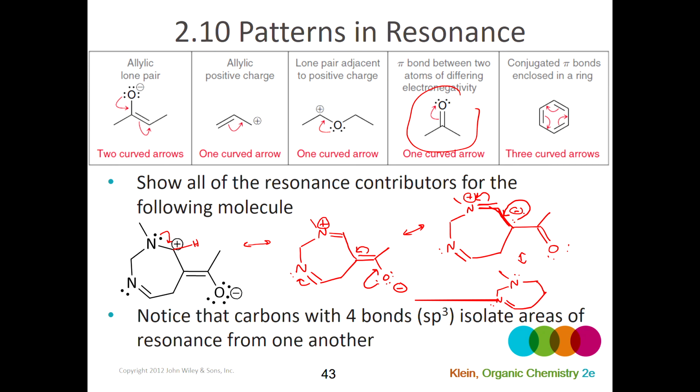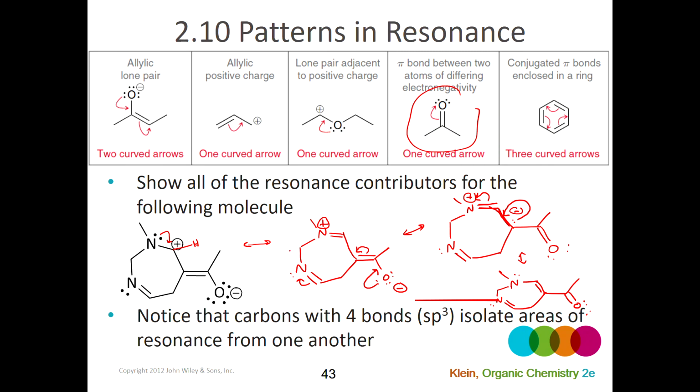This lone pair moved in here to make this double bond. And there's my other resonance contributor. This is the most major one. It doesn't have any formal charge. But the other ones are important because they help me to see which atoms will carry partial charges in the average or hybrid that forms.